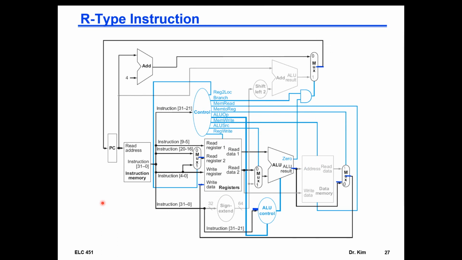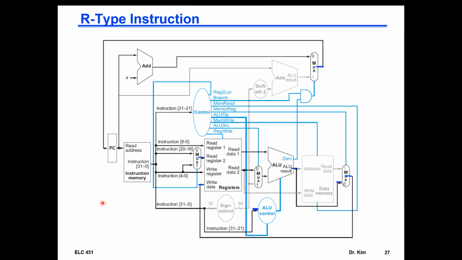So let's look at how the R-type instruction navigates through this data path with control. Some parts of the resources here are shaded, and the shaded ones are the resources that are not used by the R-type instructions.